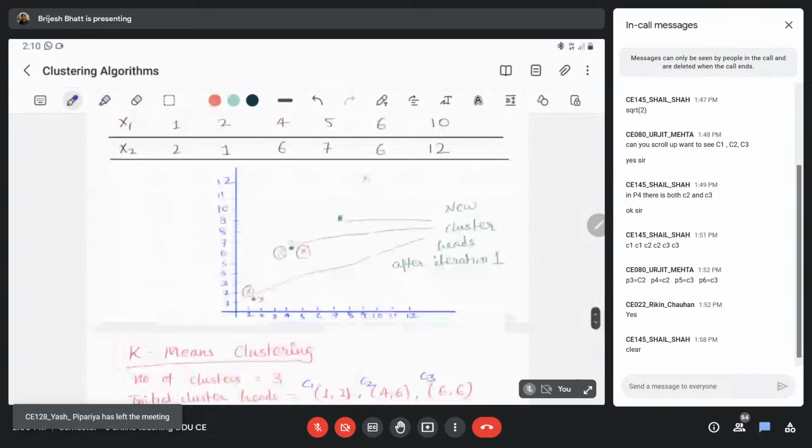C1, P2 are in C1. P3, P4, P5 are in C2. P6 is in C3. If you calculate the equivalent distance for all of them, you should get this answer.